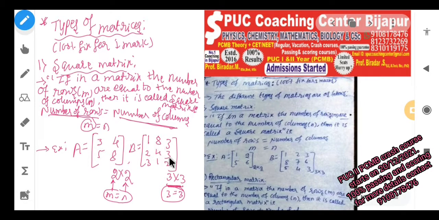Next, observe B: 1 8 3, 2 4 3, next 3 1 2. Again the number of rows is 3, the number of columns is 3, 3 equals 3, hence it is a square matrix. So square matrix is this simple.